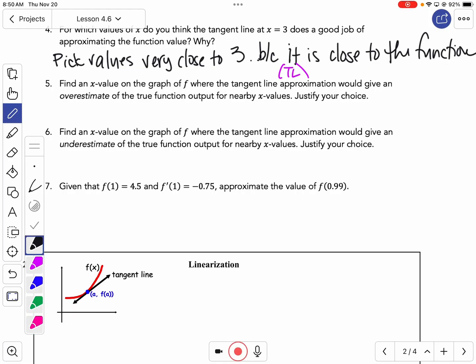So on the first one, we said x equals 0. And the reason that is true is because the graph is concave down. Another one we said was x equals 2 or x equals 5, and that's because the graph is concave up.